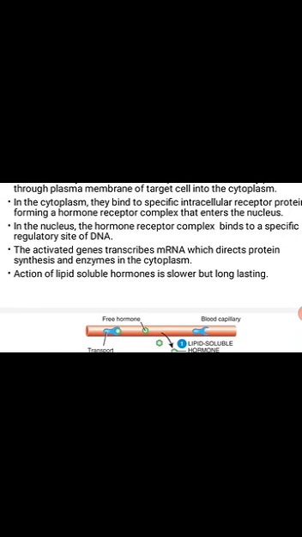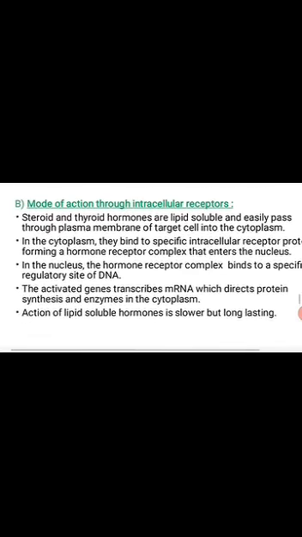The activated genes transcribe mRNA, which directs the protein synthesis and the enzymes in the cytoplasm. The action of lipid soluble hormone is slower but long lasting. So this is the mode of action through the intracellular receptor.